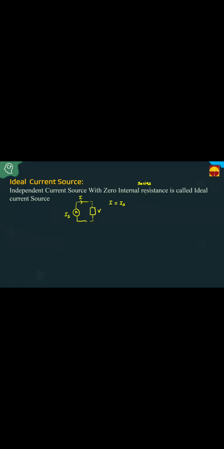With zero internal leakage current, instead of internal series resistance, is called an ideal current source. It means there is no leakage current, so what is the resistance offered in this path? It is infinite.